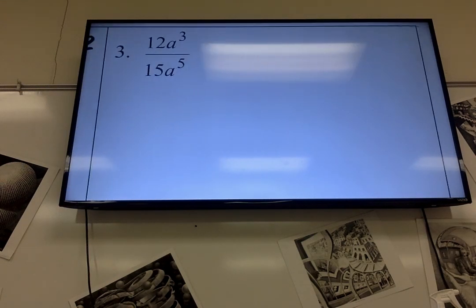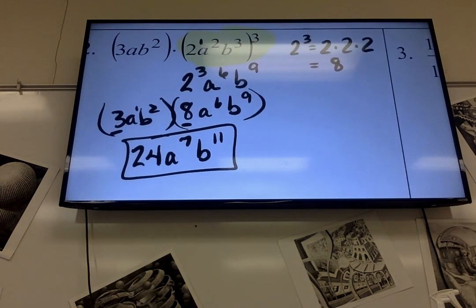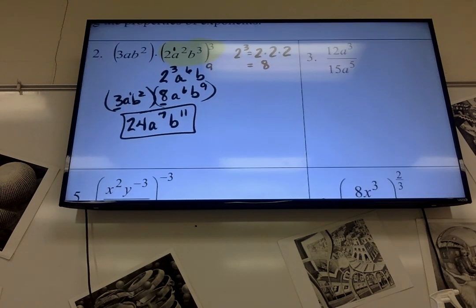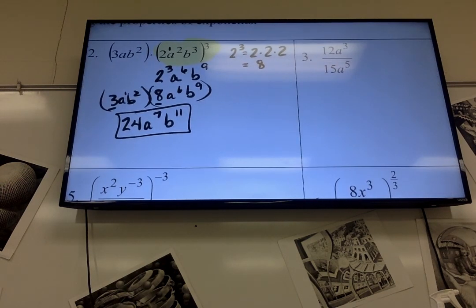Okay, so let us move on. I'll make it a little smaller just so you can see it in this case. Okay, when we're dividing, again, remember these are big numbers. You don't have to change them into powers. They're the same big numbers. You can divide like you always do.